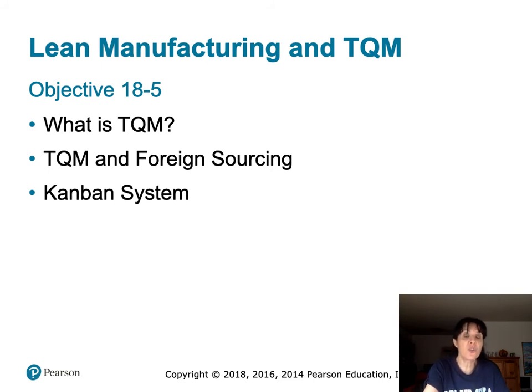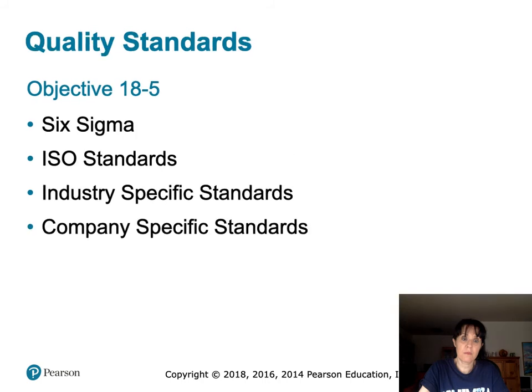Kanban cards are used to control the flow of production through a factory. And then we have other quality standards such as Six Sigma, ISO standards, industry-specific standards, and company-specific standards, right?